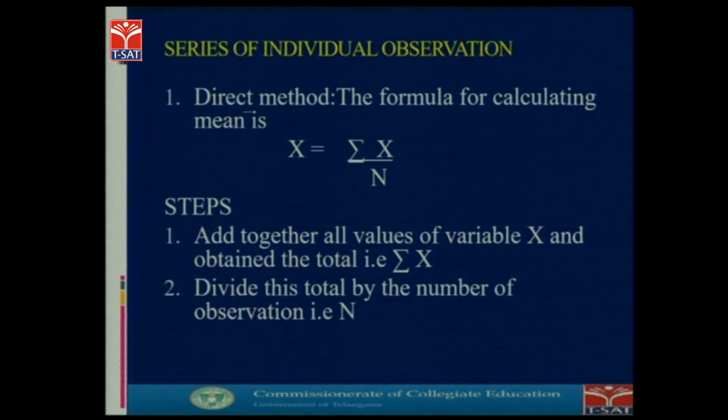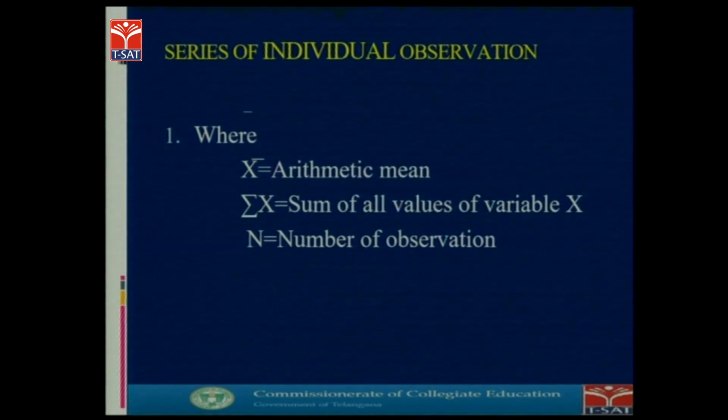After that we have to divide it with number of observations, that is n, where x bar represents arithmetic mean, sigma x represents sum of all variables and n represents number of observations. So now let's see a sum in individual series.